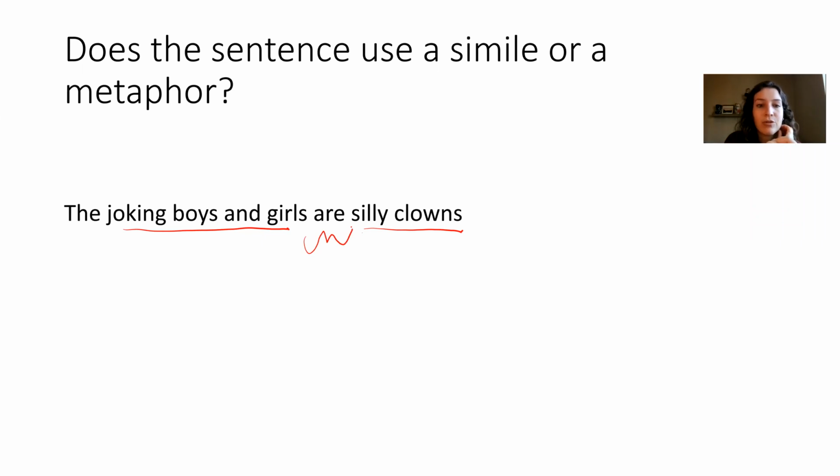We're told that the joking boys and girls are silly clowns. So this is phrasing it as fact, so this is going to be a metaphor. If we wanted to make this a simile, we could insert like here. If we said the joking boys and girls are like silly clowns, that would turn this metaphor into a simile.